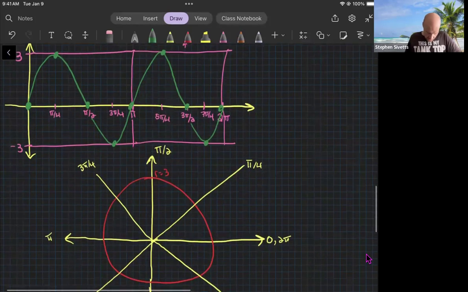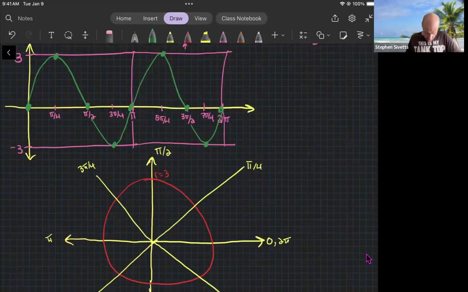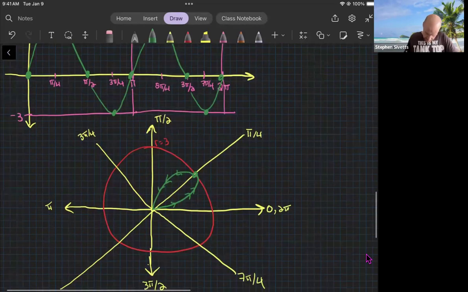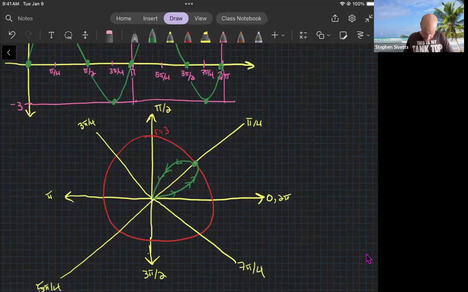So when theta goes from 0 to pi over 4, the radius is positive, so we're going to go in this direction here. When theta goes from pi over 4 to pi over 2, our radius is decreasing, so it's going to go this way. So this is one petal.